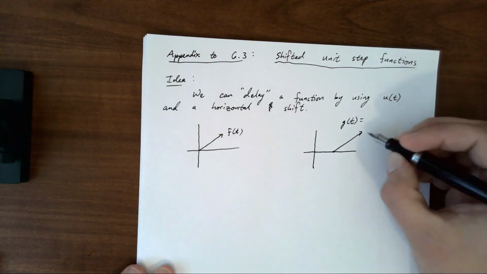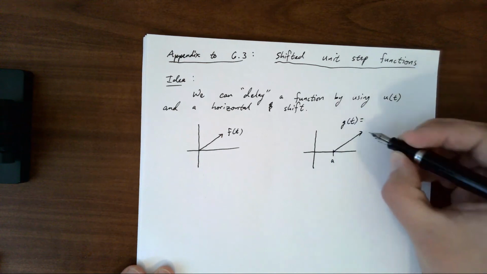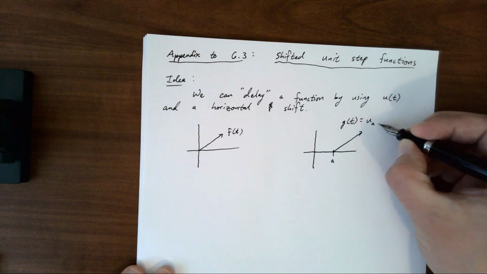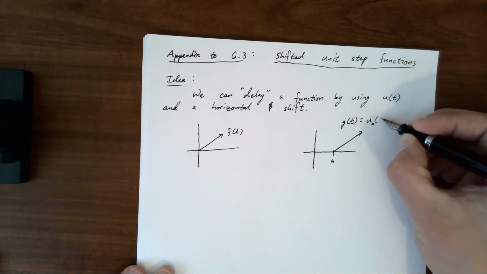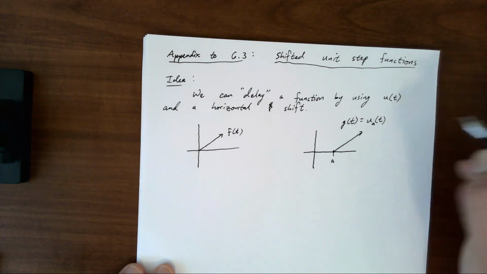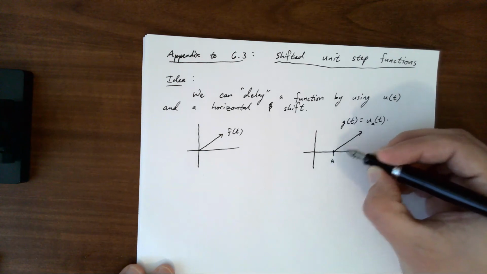And here, the way we could actually accomplish this is, let's say this is a. So essentially, we put in the unit step function, u sub a of t, or u of t minus a, same thing. And that basically multiplies it by 0 until we get to a.